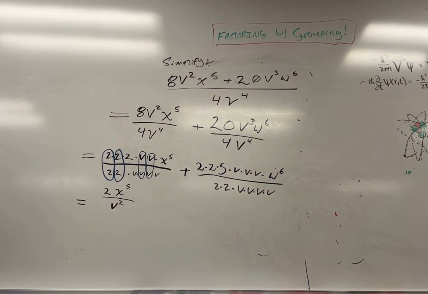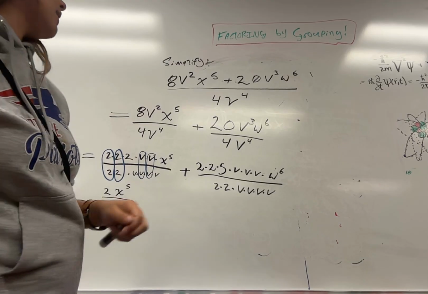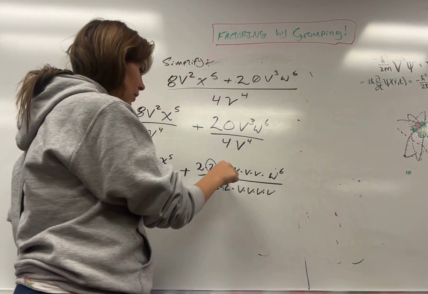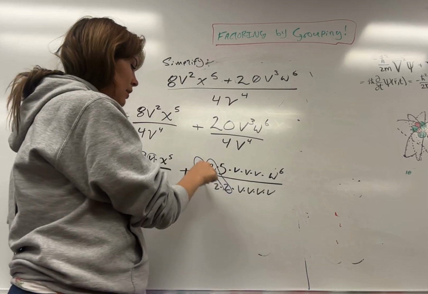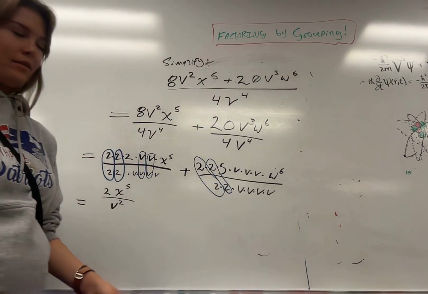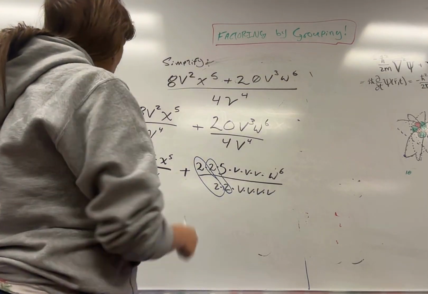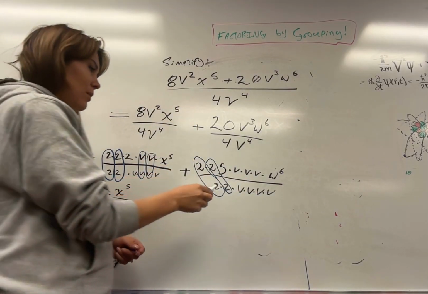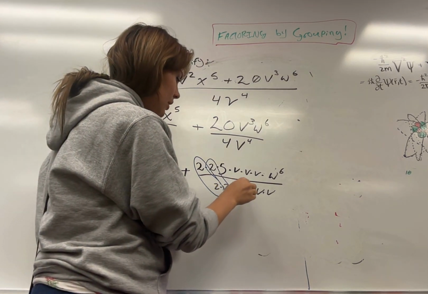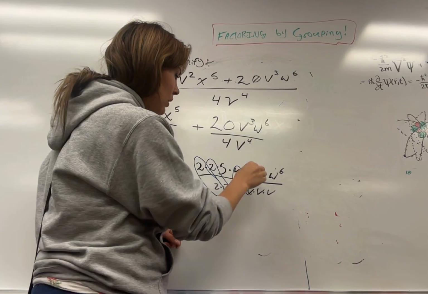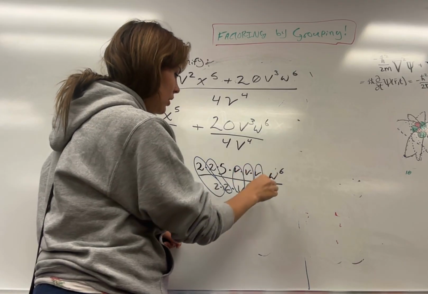And now let's do the same thing. How many 1s can we find in this expression? Right off the bat, we've got that one and that one. 2 divided by 2 and 2 divided by 2 are both equal to 1, just 1 being multiplied by all this. We also got a 1 here, 1 here, and a 1 here.